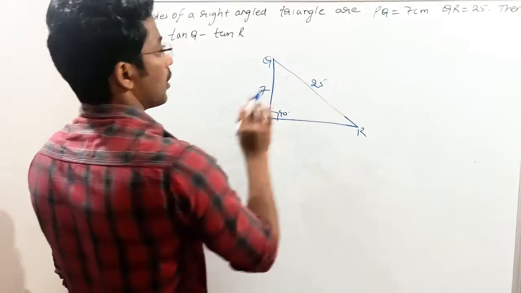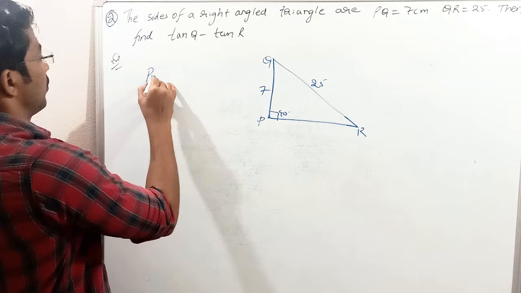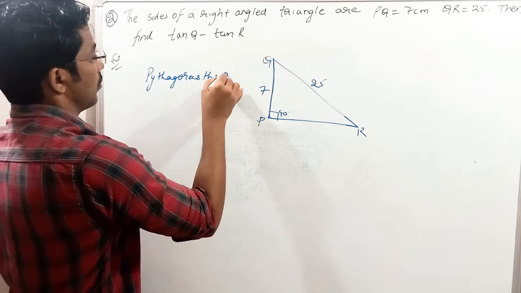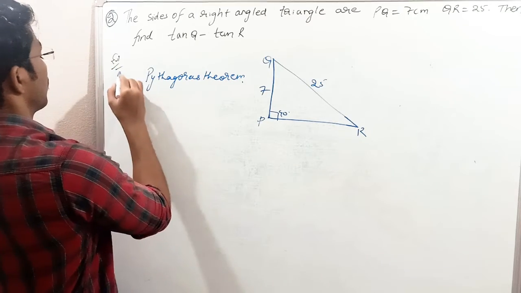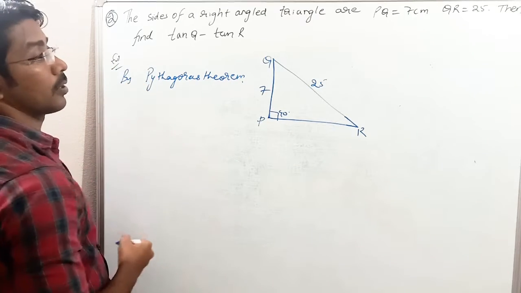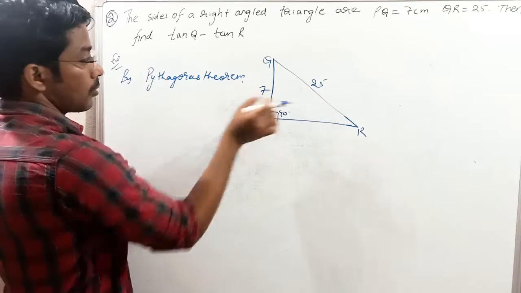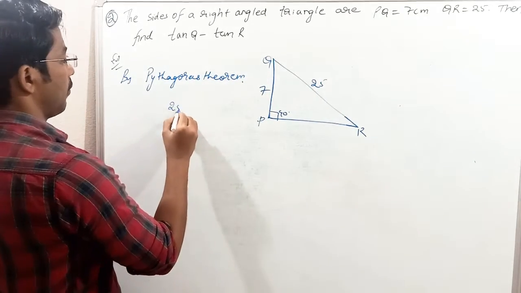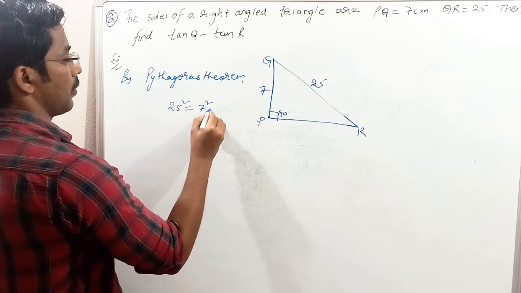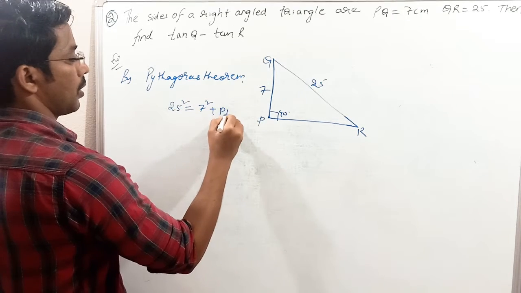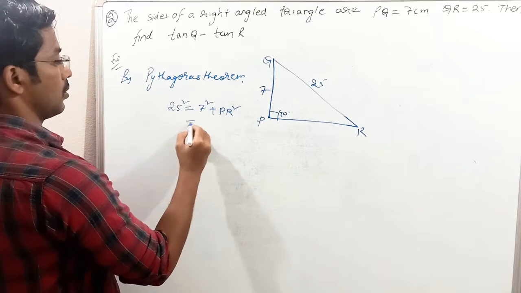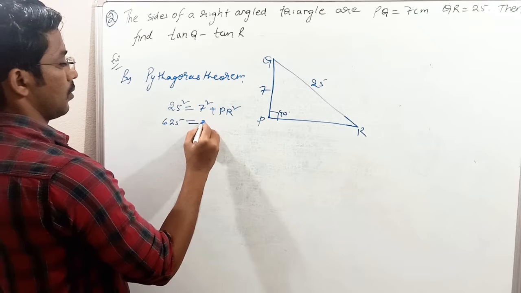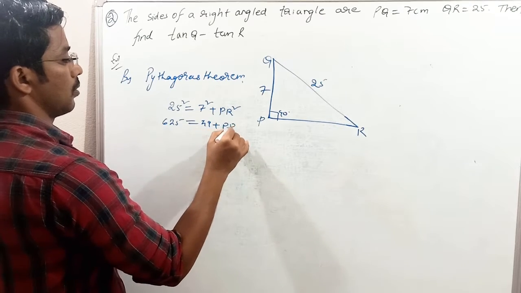Because by the Pythagoras theorem, hypotenuse square is equal to the sum of the squares of the other two sides. So 25 square, which is 625, is equal to 7 square, 49, plus PR square.